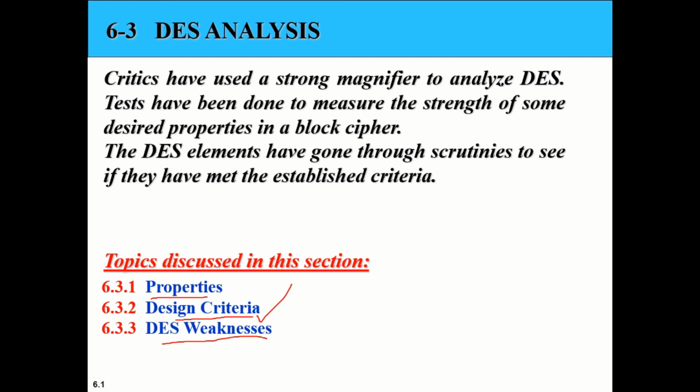Then we discussed DES weaknesses, wherein we mainly focused on the size of the key. Initially it was the strength of DES, but in today's time, with the advancement in technologies, it has become the weakness, right?